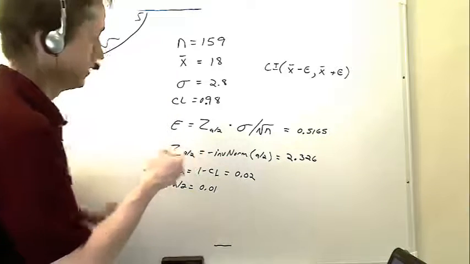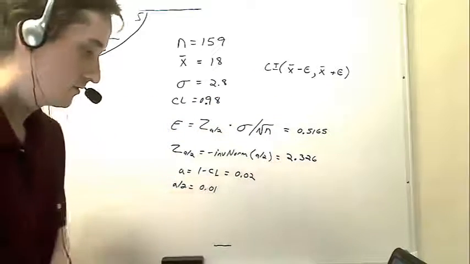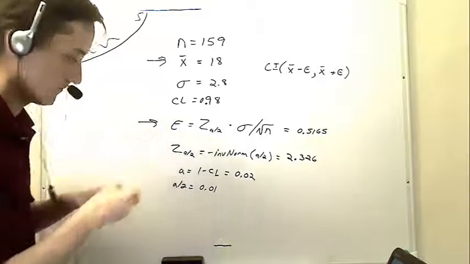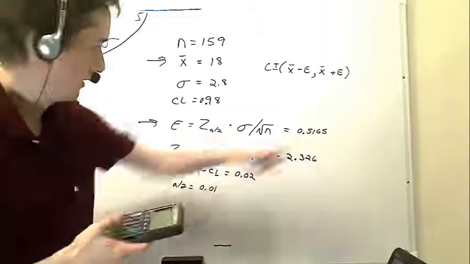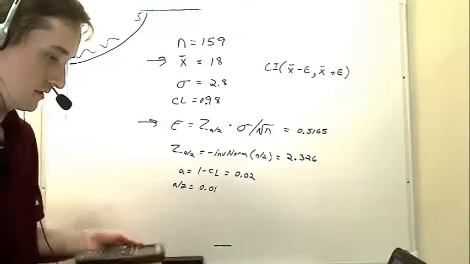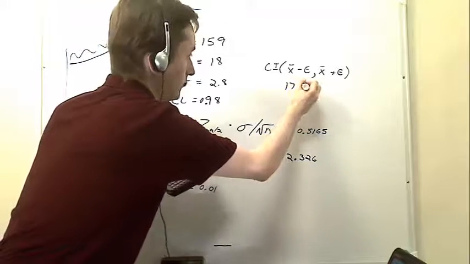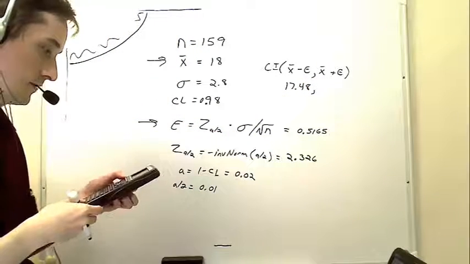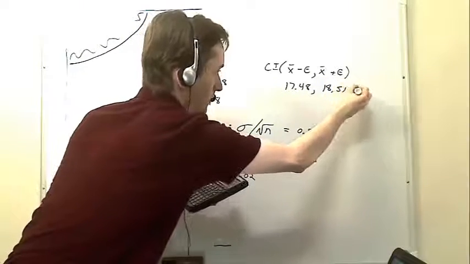Okay, and so we just calculate X bar minus E, so we need that number and that number. So we take 18 and subtract 0.5165. That's 17.48. And then take the 18 and add 0.5165, and that's 18.5165.